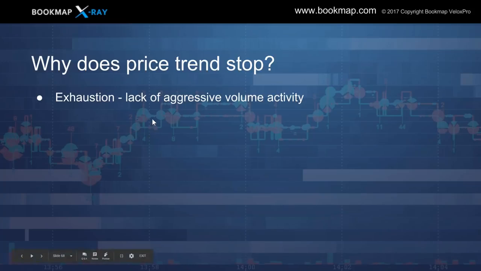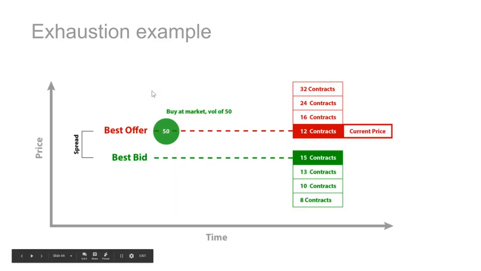Let's go over exhaustion. What is it? It's the lack of aggressive volume activity. You can see here we go through the market, the buy market order, a volume of 50, and that had already occurred, so we still have 12 contracts here, and that is the current price on the best offer.